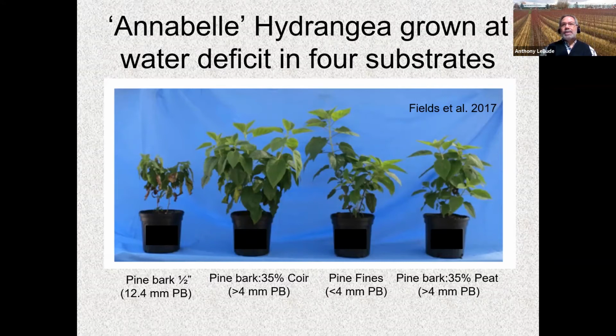And then when it lost the same volume of water as all the other treatments, it would get rewatered. And so the time in which it took that to occur was the difference in the number of waterings each plant got. And so the pine bark plus 35% coir is bigger than the others because the plant utilized that water more quickly than the other three treatments.